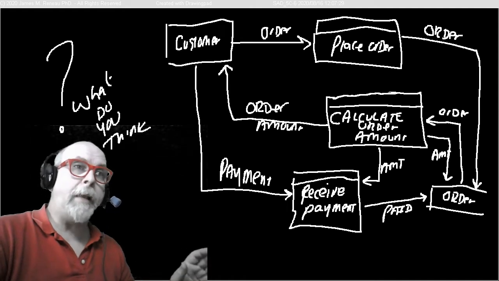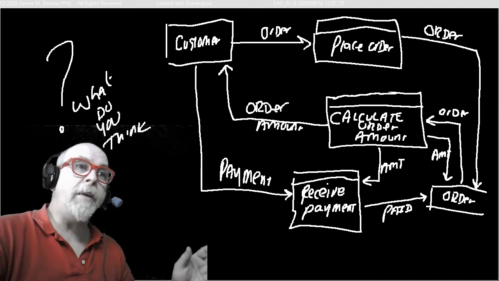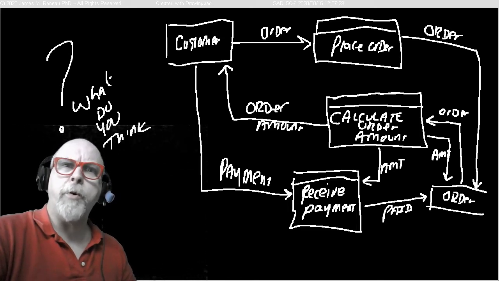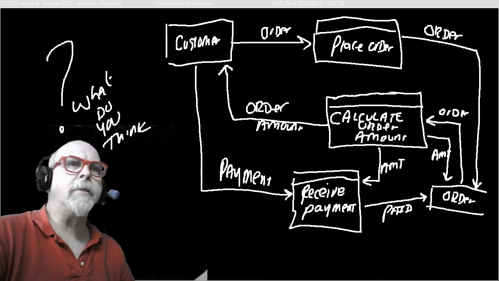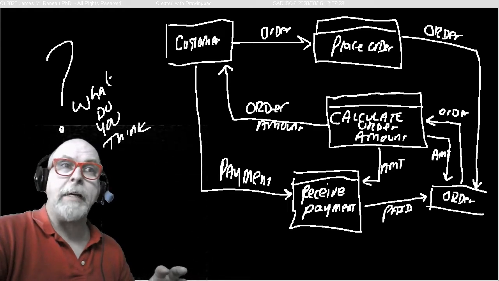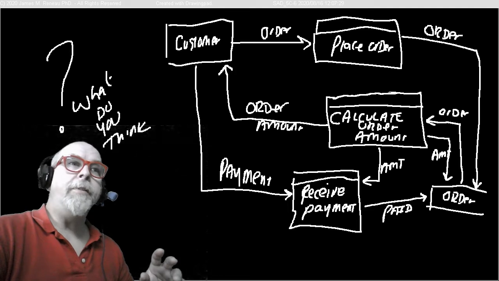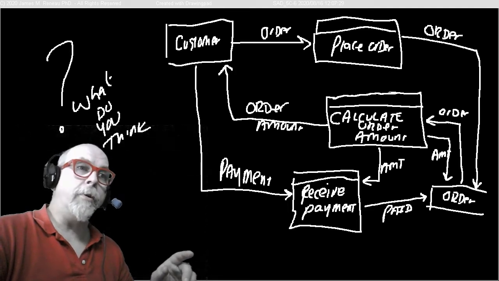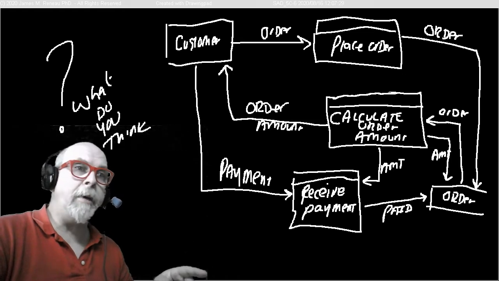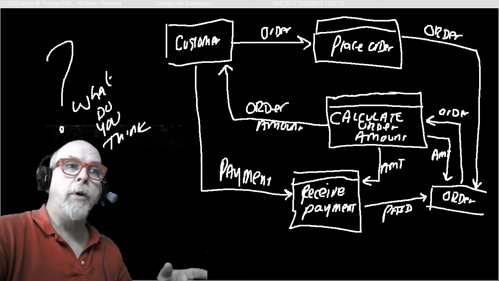The customer places an order, and the order then flows to the order data store. We do need a data store for the order, don't we? Would make sense. The calculate order amount would be a process that would take that order from the order data store, calculate the amount, and then put the amount back onto the order.